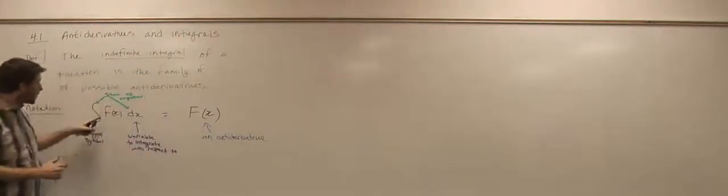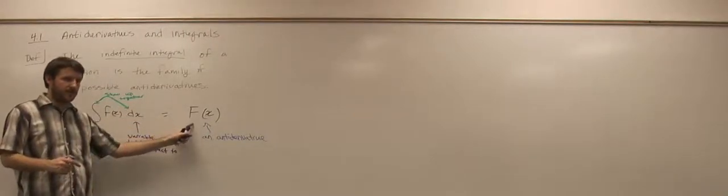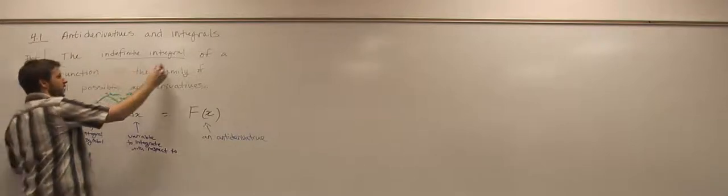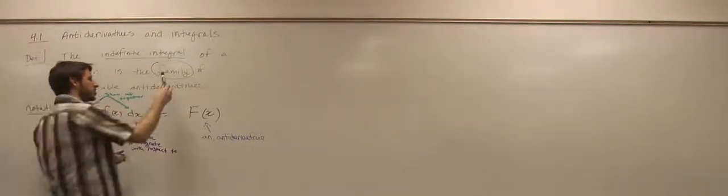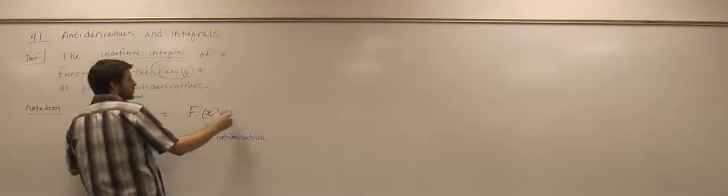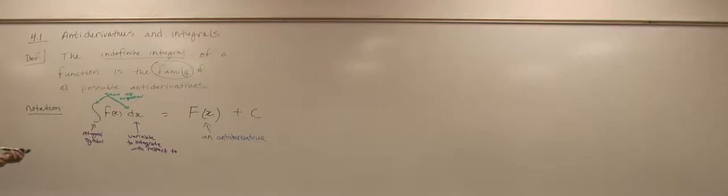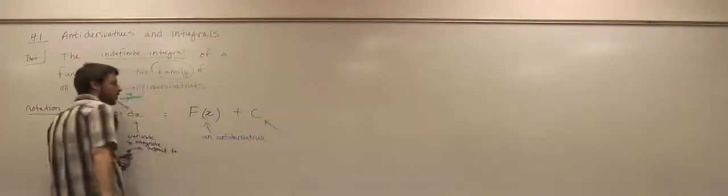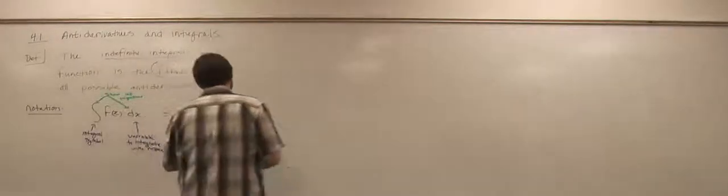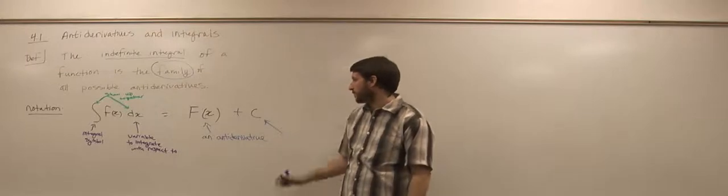But be careful, the indefinite integral of a function is not just an antiderivative. It's the family of all possible antiderivatives. So what you do to show all possible antiderivatives is you put plus c. Any antiderivative plus a constant will give you all possible antiderivatives. So that will give you the family.